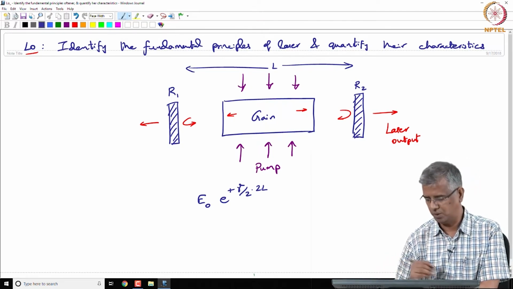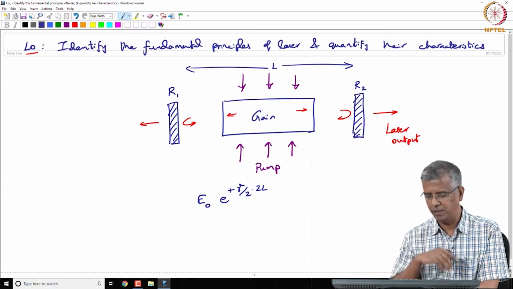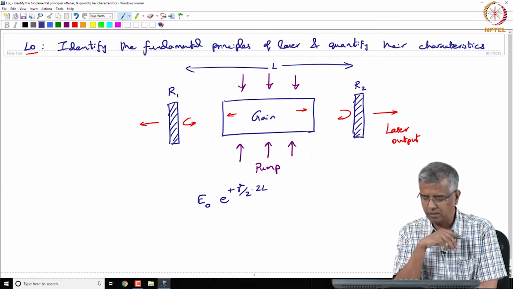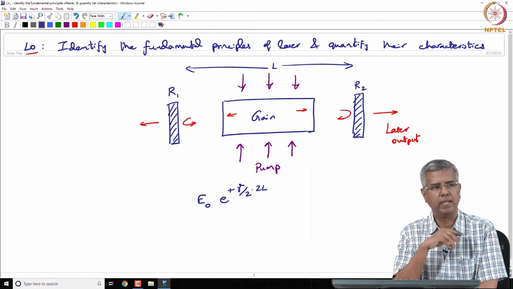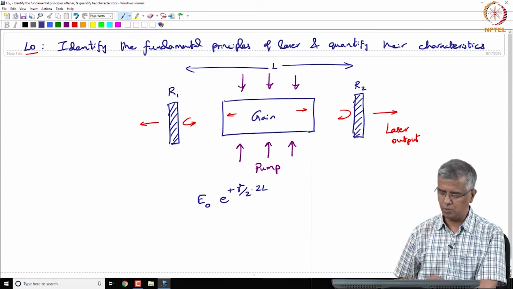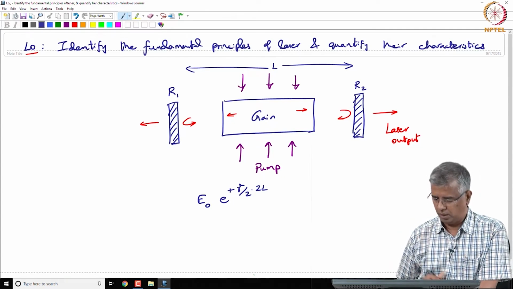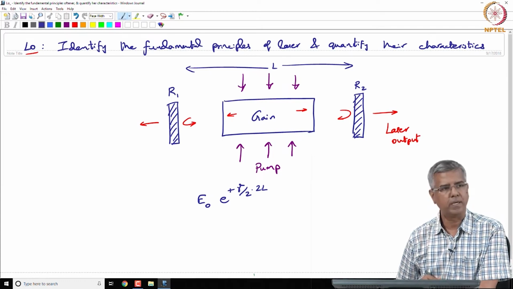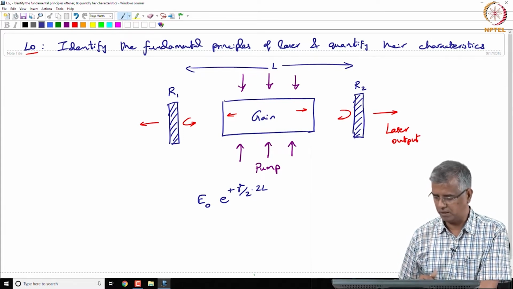Although I have drawn it with a certain gap between the gain medium and the mirrors, typically you can consider that the length of the gain medium is actually the length of the cavity. So, it is going through a gain according to e power gamma times L, but it might also go through certain losses in the cavity. How do you represent the losses?